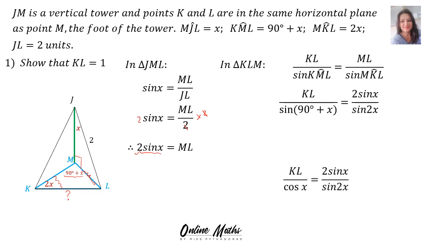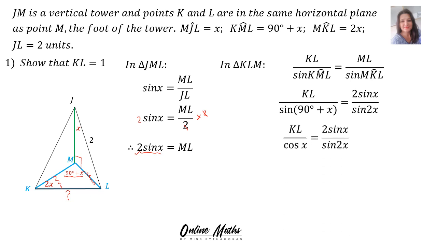Then in the next step we can do the following. This one, sin of 90 degrees plus x, is a reduction formula, but remember it's also a co-function, so we can reduce sin of 90 degrees plus x to just cos x. Then in the next step, I got rid of cos x, so you multiply both sides by cos x.